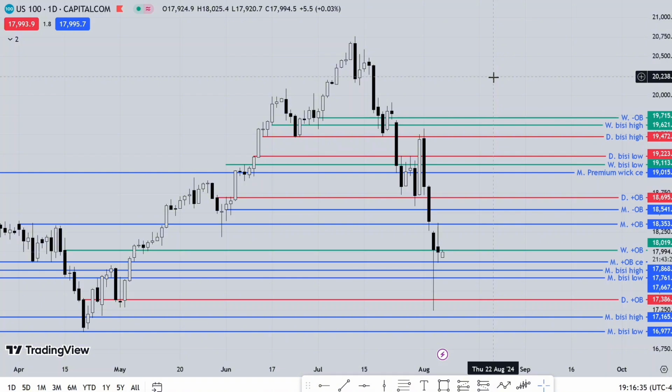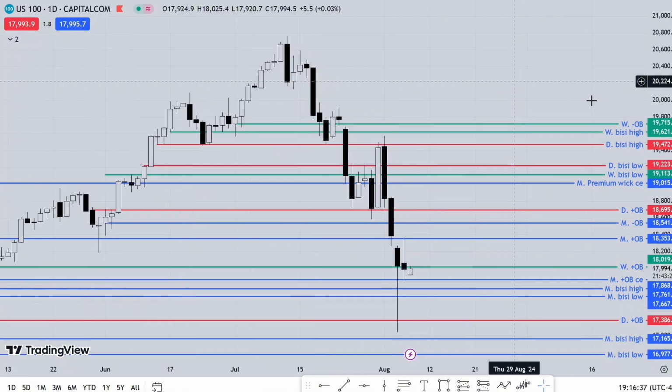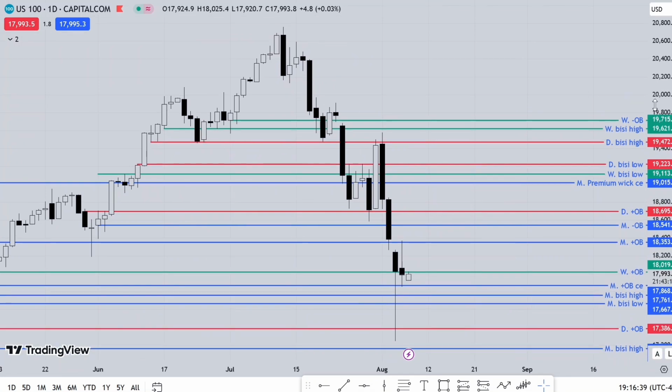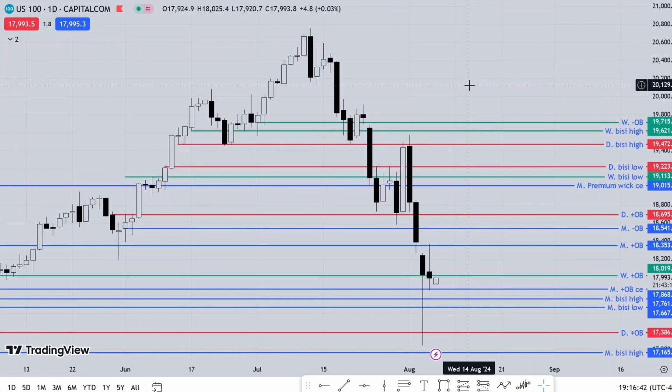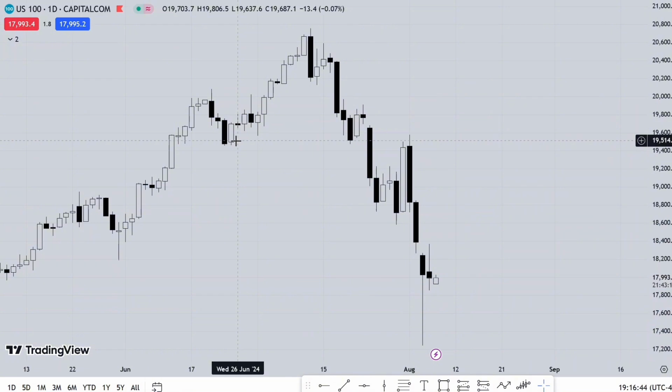For example, if you see this price action, let's hide all of this real quick. If you look at this price action here, all of this down, this candle here and this candle here, it will be seen as a clean support level, and they will be expecting this support to turn into resistance.